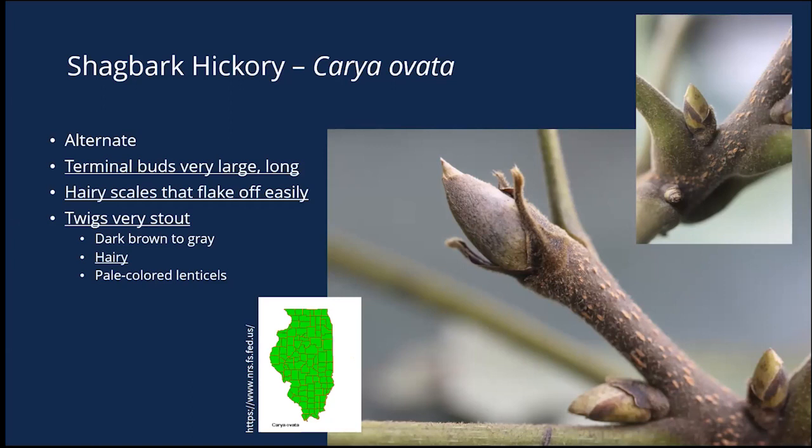So large, long terminal buds that are hairy, and those scales often break off kind of easily. Twigs are very stout, dark in color, and hairy as well. And so that's the main characteristic you can see on this twig here, the hairiness of it and just how thick it is and that really big bud.